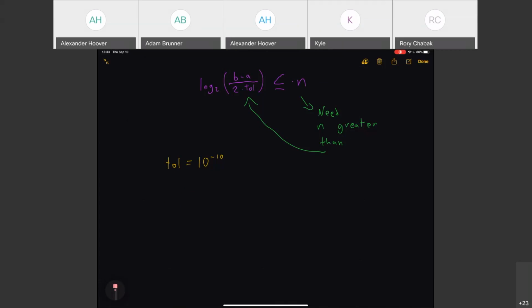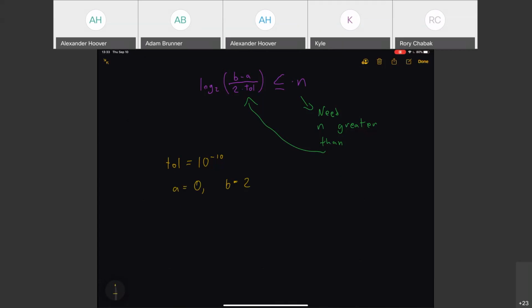Anyway, so we have a tolerance of 10 to the negative 10. I'm going to set A equal to 0 and B equal to 2. Do we need any other information? No, we don't.